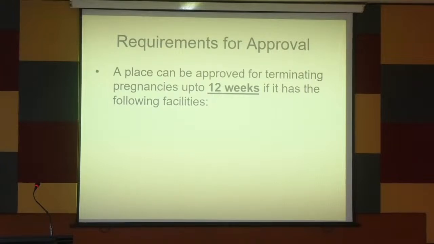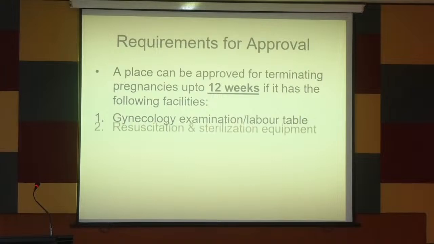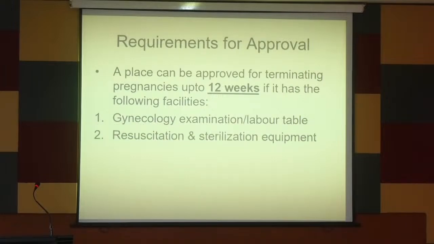A place can be approved for termination up to 12 weeks. It has the following requirements. Gynecological examination has to be there. Supposing you are doing it in a small nursing home in Bolpur, it must have the following criteria: gynecological examination, labor table, resuscitation, sterilization equipment. This is very important. You must have a resuscitation instrument, meaning you must have an anesthesia machine.